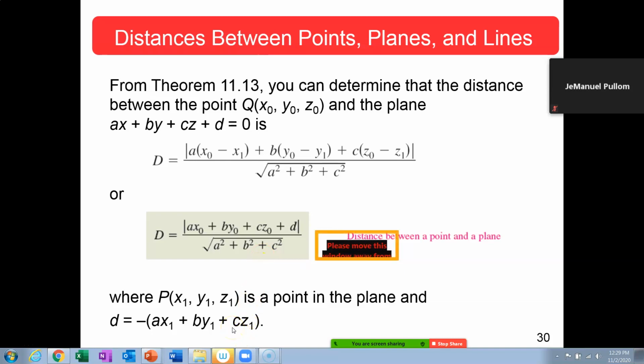Now that gives you the d here: minus ax1 minus by1 minus cz1. That gives you that value there. Okay? I hope I said z1 at the end. I meant to.